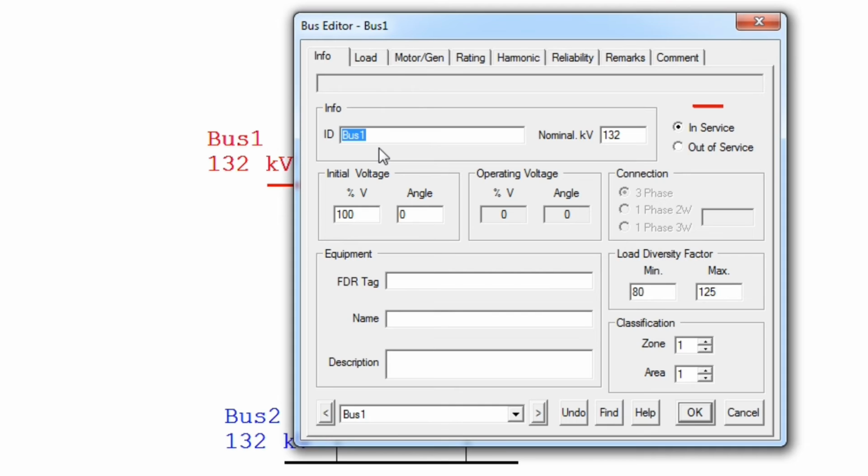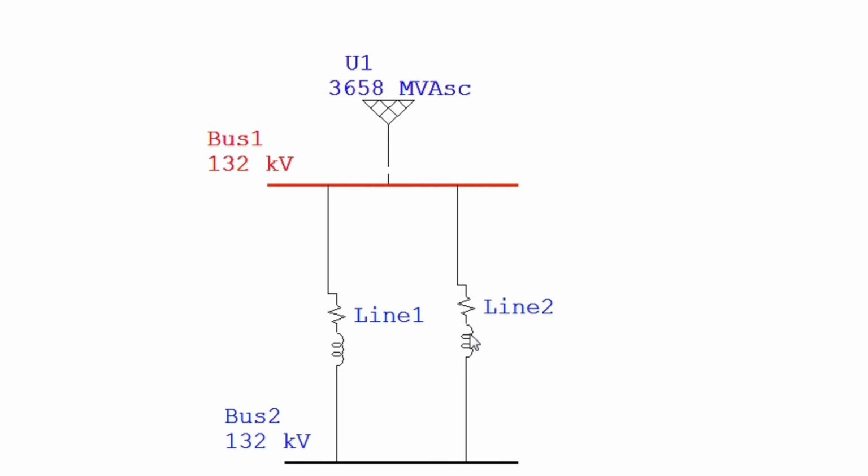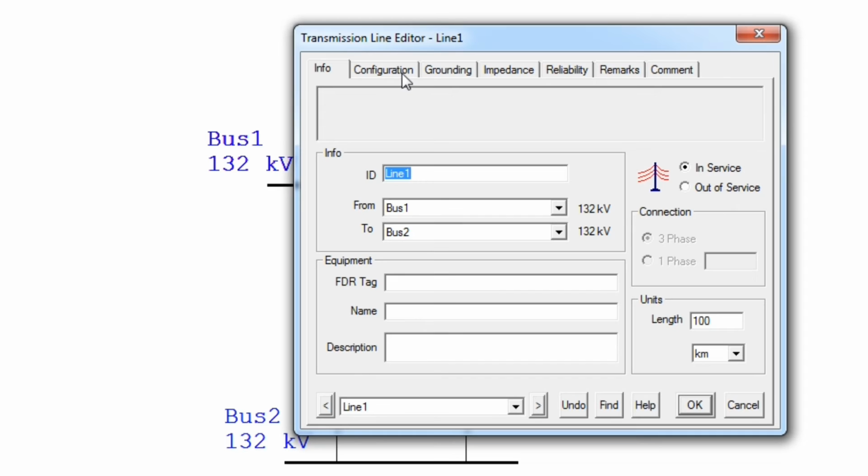These two lines are connected to bus 2. Line 1 length is 100 kilometer and it is in service.